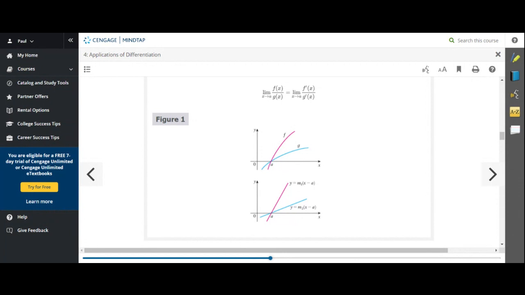So you could get the equation of the tangent lines to f and g at the point (a, 0). You learned how to do that in Calculus 1.